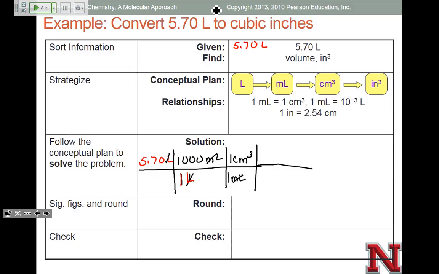Again, we're taking our 2.54 centimeters, which is going to be at the bottom, and we want to take that to our inches, which is going to be at the top. But if I divide centimeters cubed by centimeters, I'm just going to still have centimeters squared. So I have to cube my entire relationship. That way it can cancel out. So I'm going to rewrite that.